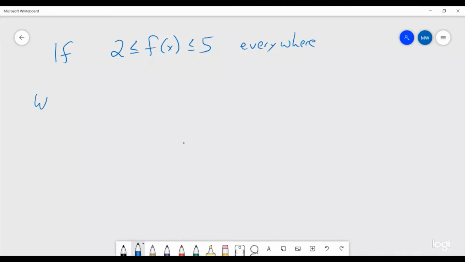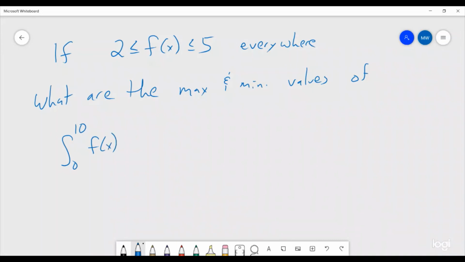So what are the max and minimum values of the integral from 0 to 10 of f of x dx and the integral from 0 to 7 of f of x squared dx? Go ahead, pause the video, and try and figure out what those are.